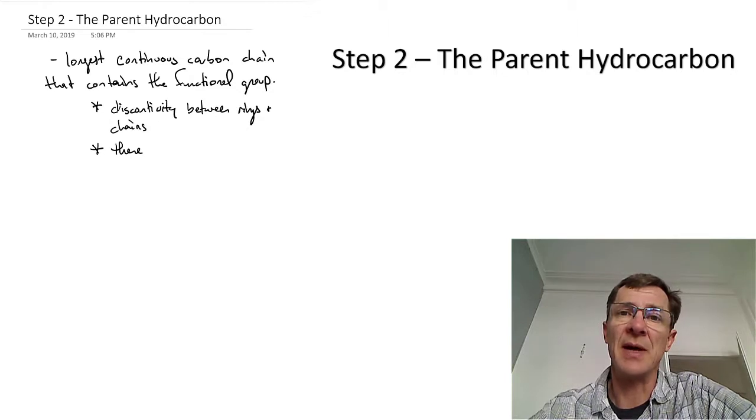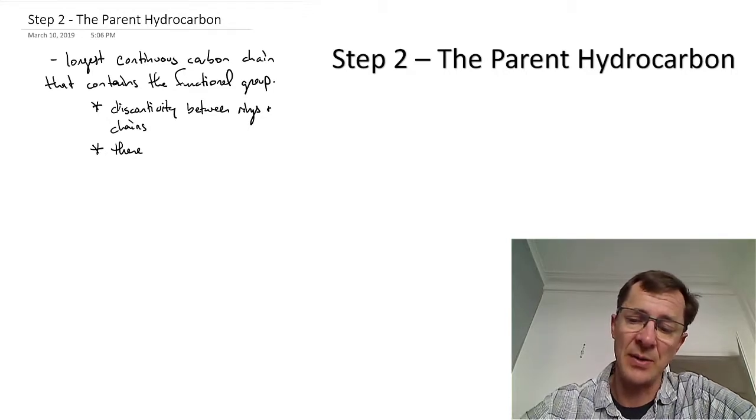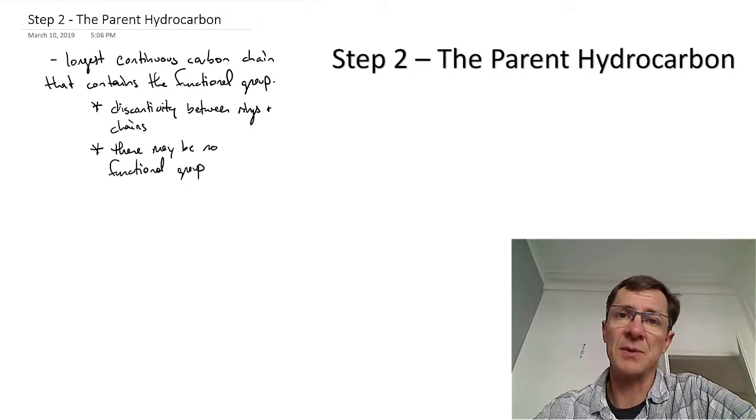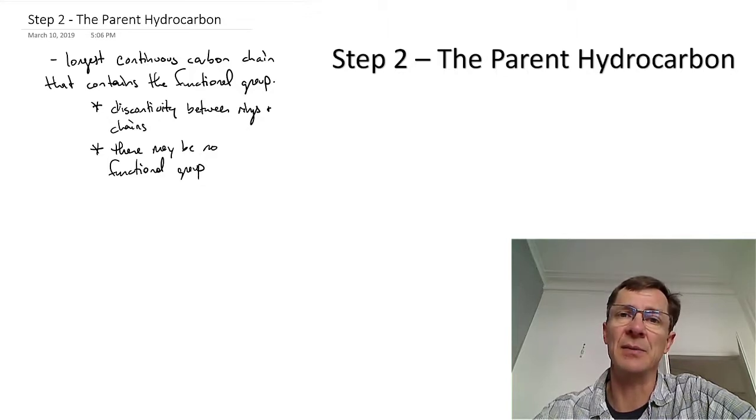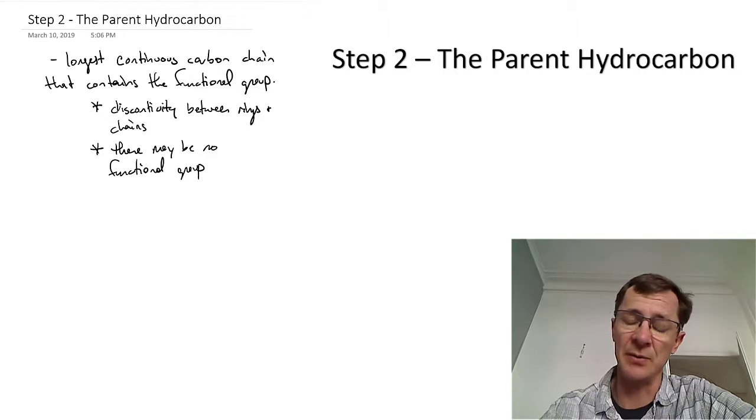We'll go through examples of that as well, but it then would just be the longest continuous carbon chain with a little rider that I'll talk about later. Some examples of that we know are alkyl halides and ethers. Those are not considered functional groups by IUPAC, and they have no influence over where the parent hydrocarbon goes, except when you bury fairly deeply into alkane nomenclature voodoo, which is quite frankly no fun at all.